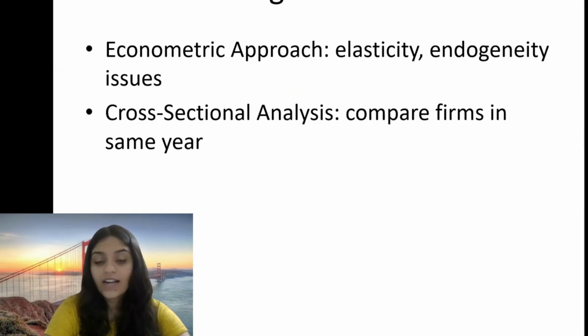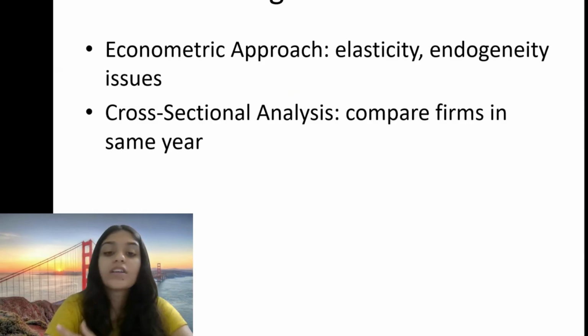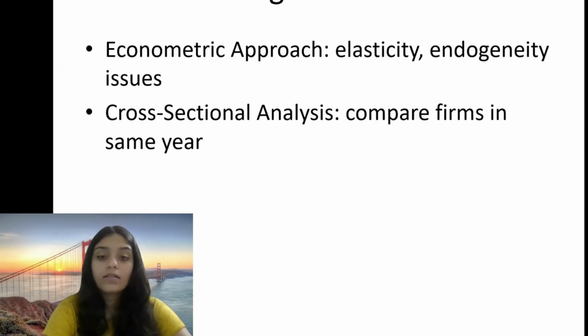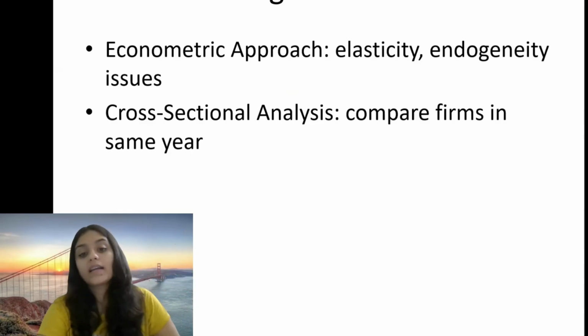Next is cross-sectional analysis. Now, in this method, we look at data across different firms in the same industry during the same time period. We can do it by comparing sales, prices, and output of firms during the same time period. Using this, economists can judge how concentrated or how competitive the market is.